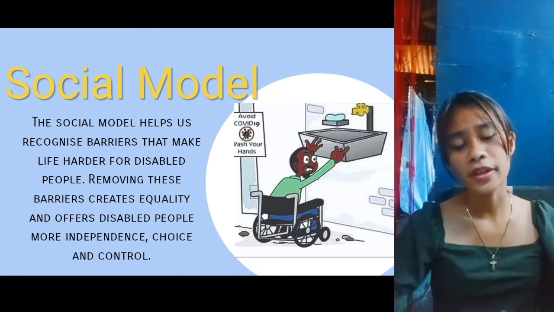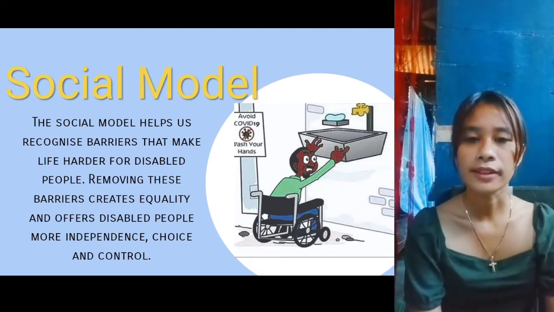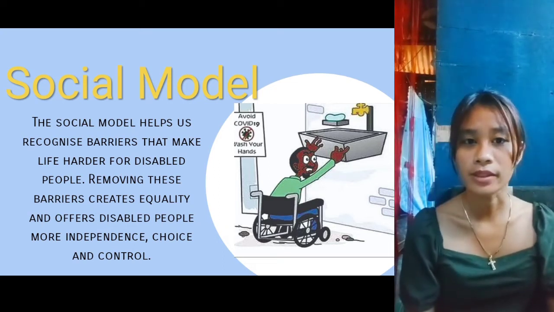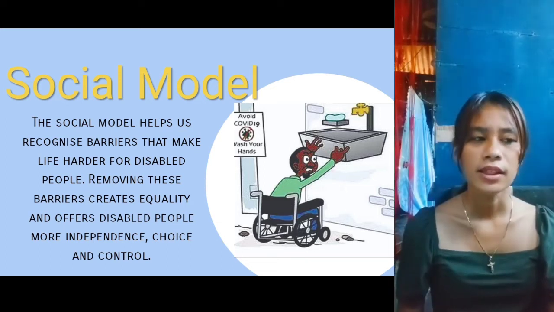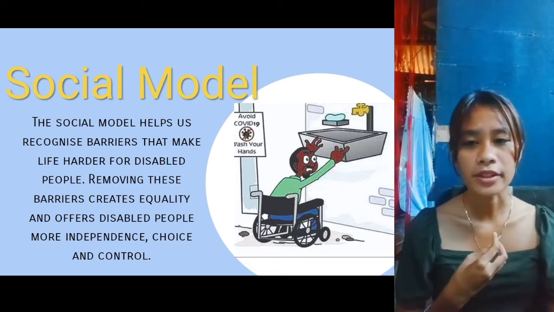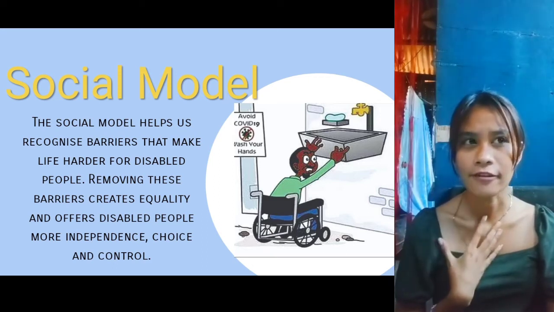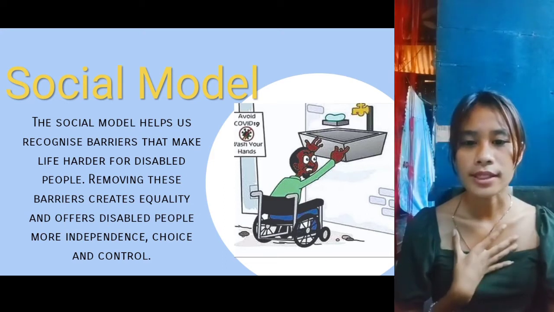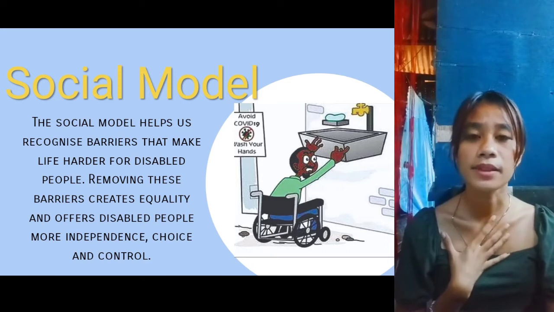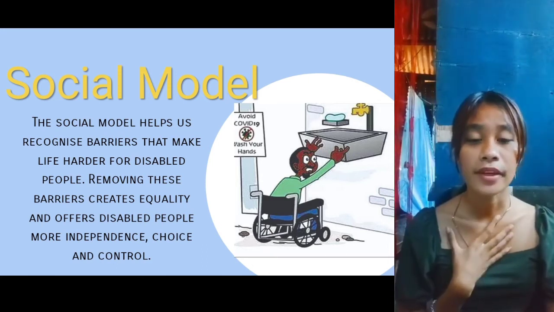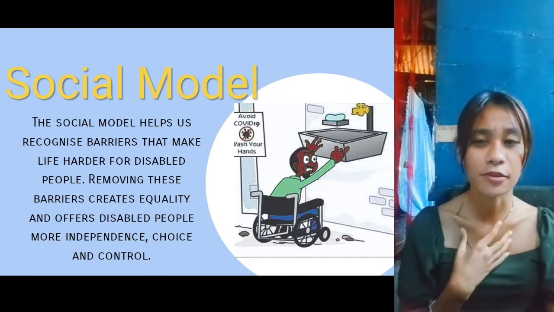Barriers are those obstacles that keep preventing disabled people in their movements and access in many ways. The social model is one way to know the barriers that keep stopping disabled people in their choices in life, and the things that keep controlling them. It helps disabled persons by recognizing the barriers and removing them.